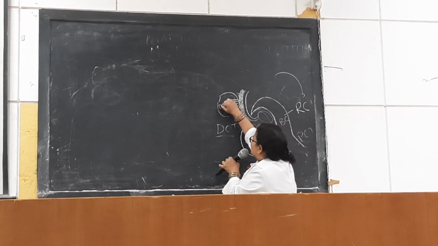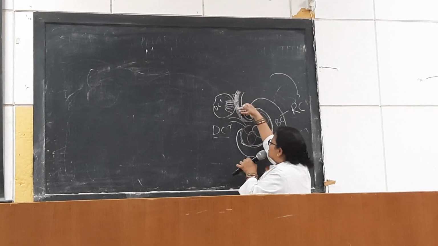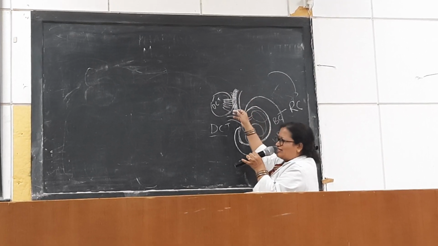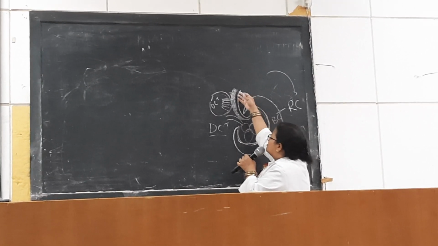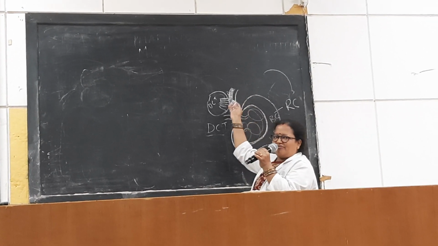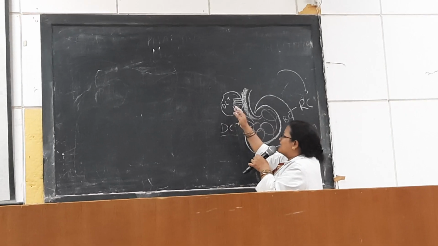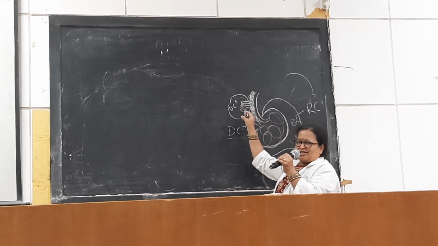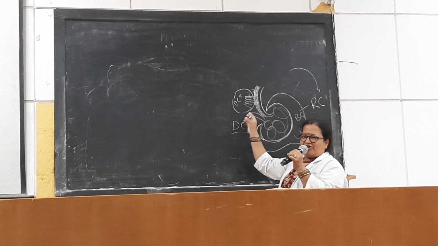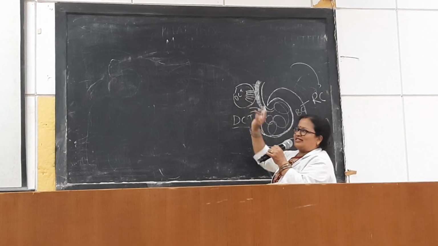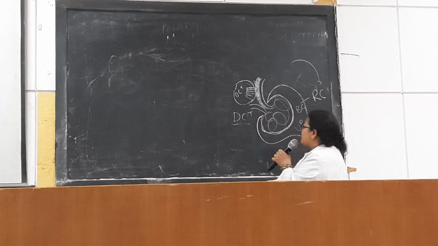So the juxtaglomerular cells are found as hypertrophied smooth muscle cells in the afferent arteriole, and the macula densa cells are tall columnar cells compactly arranged, found in the DCTs, distal convoluted tubules.